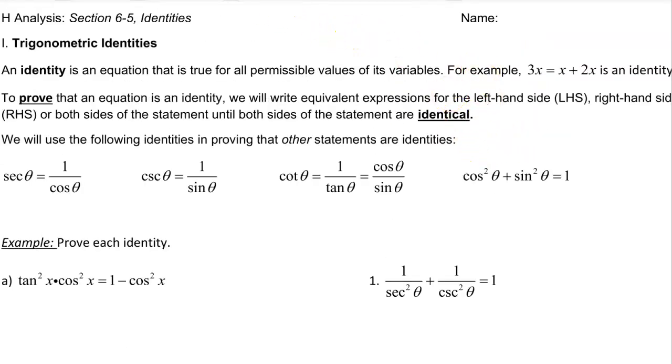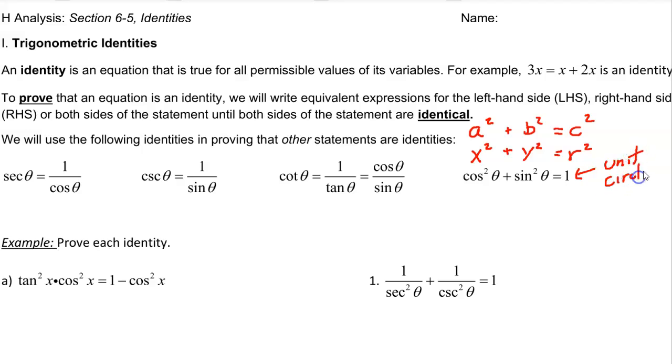A little reminder that right here, this trig identity, a long time ago, like 7th grade, maybe earlier, was called a squared plus b squared equals c squared, right? This is the Pythagorean theorem. And then in this class, we started off by looking at the unit circle centered at 0, 0, and that equation was x squared plus y squared equals r squared, right? And then we said, well, this is a unit circle, so the radius is always going to be 1.